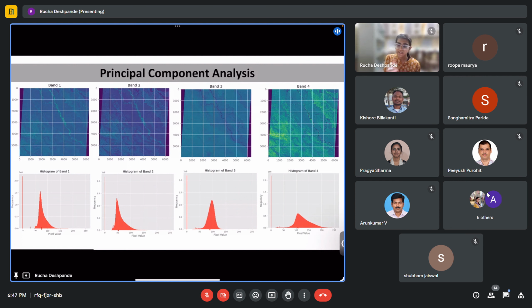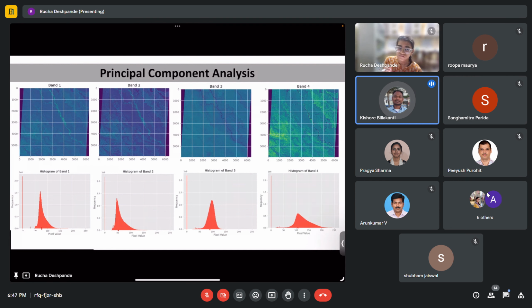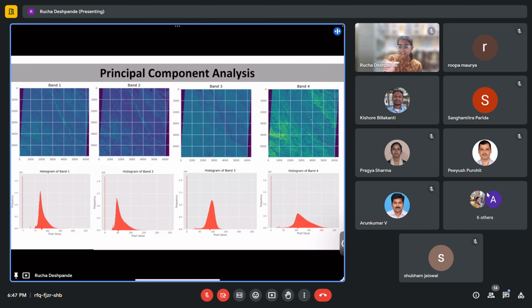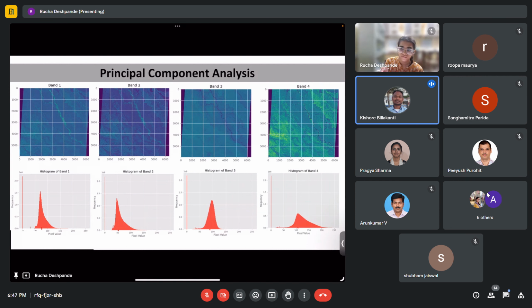Here just see the distribution of the histograms. Basically, based on the satellite configuration, the band changes. The wavelength interval to which the band is sensitive would be given for each band.